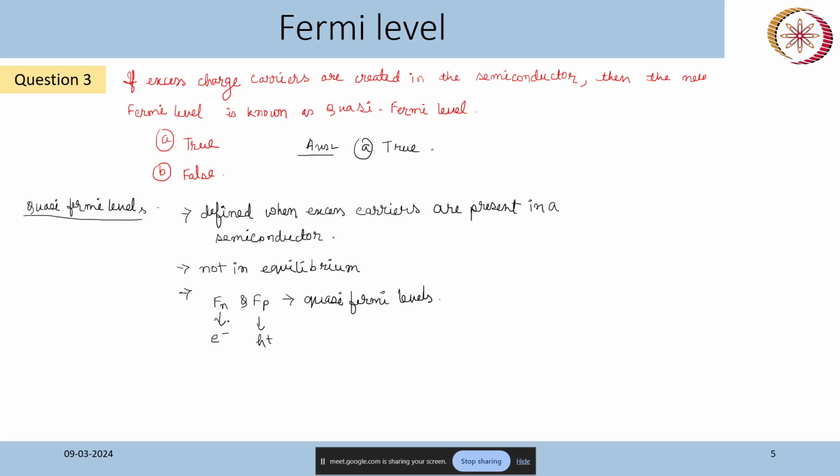In this situation, Fn and Fp are not equal. If there are no excess carriers, the system is in equilibrium, and Fn and Fp we consider as the same level, that is the Fermi level.